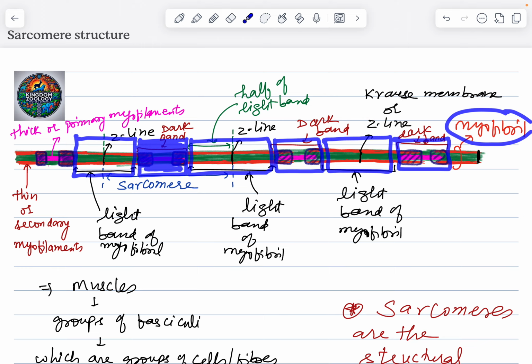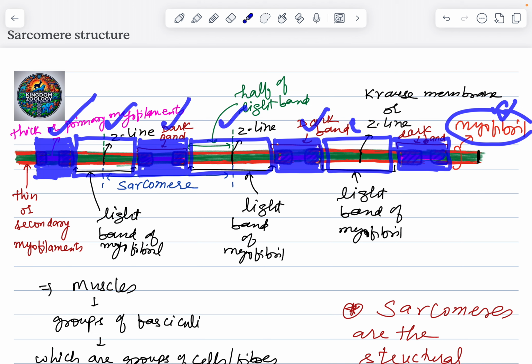Let me basically just make it dark to help you understand the distinction. Here also is one more dark band. I can see alternate dark, light, dark, light, dark, light, dark, and then light again over here, bands. That's why they're called striated muscle fibers, because they've got striated myofibrils with alternating dark and light bands.